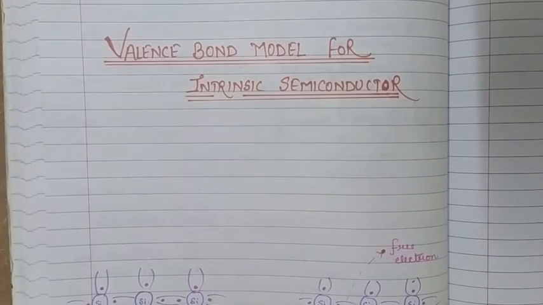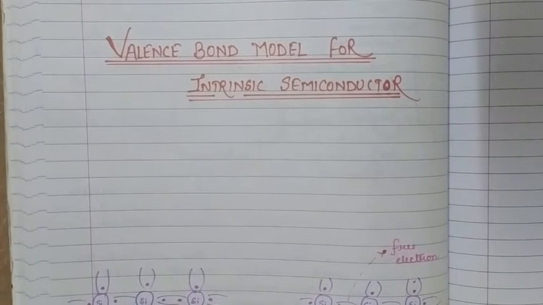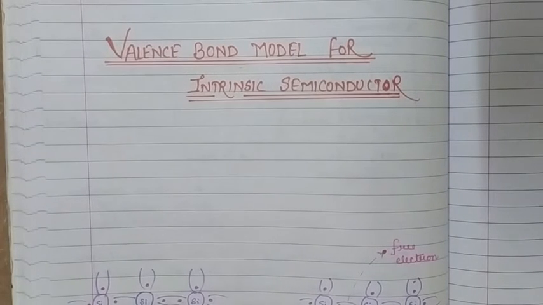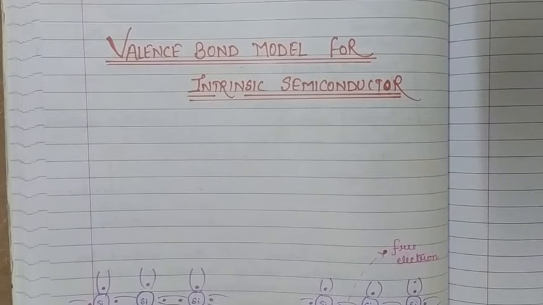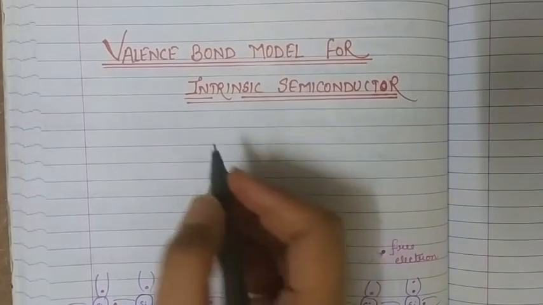And the conductivity of this intrinsic semiconductor is entirely due to the presence of intrinsic charge carriers, that is electrons and holes, and it's not because of the impurity or the foreign atoms present in that lattice.